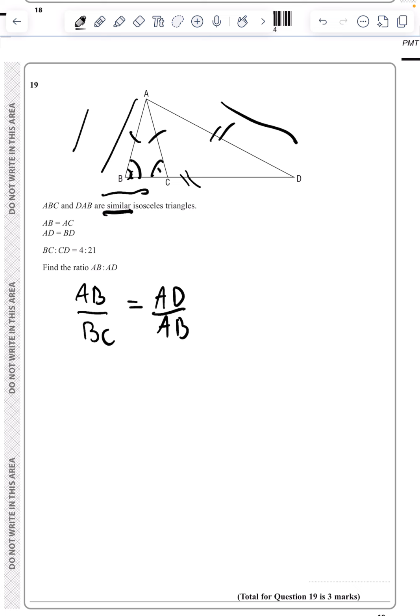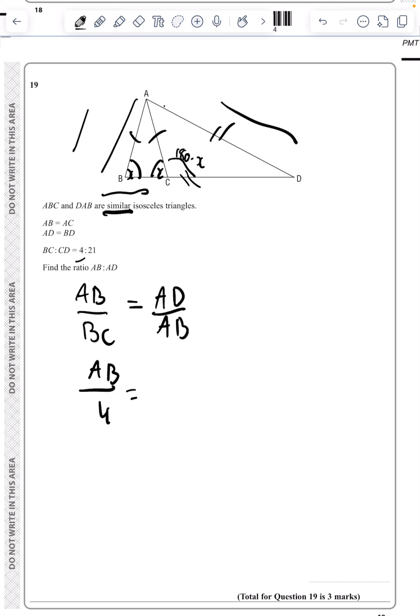This isosceles triangle. This is 180 minus x. This is going to be 180 minus x. Yeah. So AB over BC gives you 4 there.